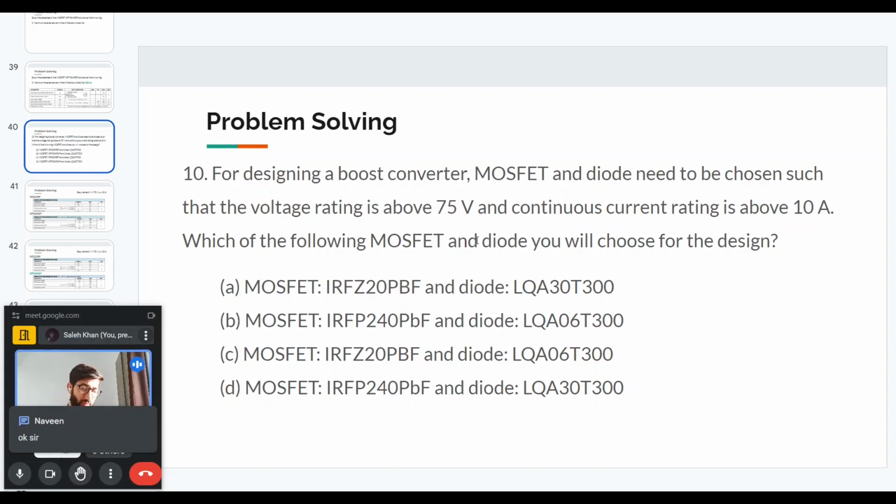Okay, so basically you have to again go back to the circuits and find out the on equivalent circuit, the off equivalent circuit, and then see what is the voltage that is imposed on the device. And based on that, you can find out what will be the required device voltage rating.